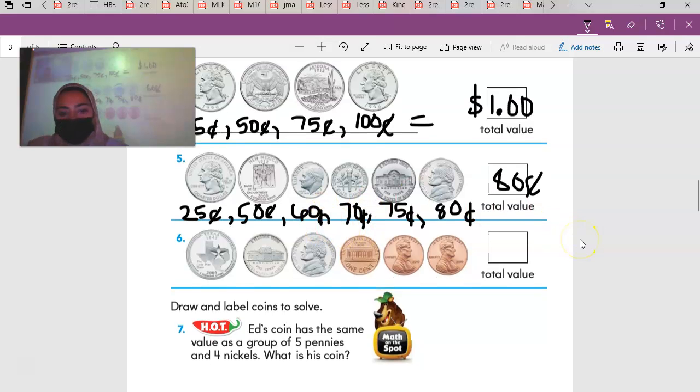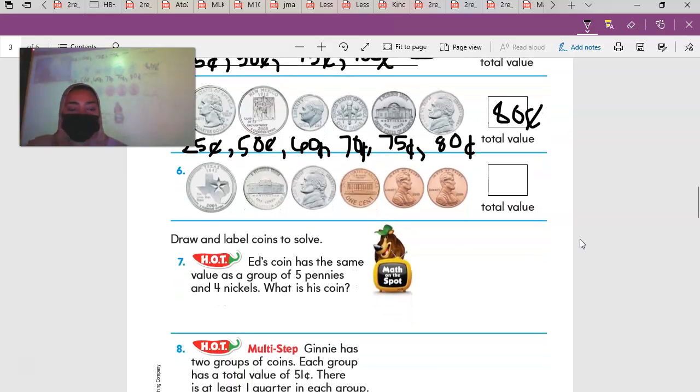All right. Let's look at number 6. Number 6. This is a quarter. That's 25 cents. Plus a nickel is 30 cents, right? This is a nickel, right? Yes, okay. Plus another nickel is 35 cents.